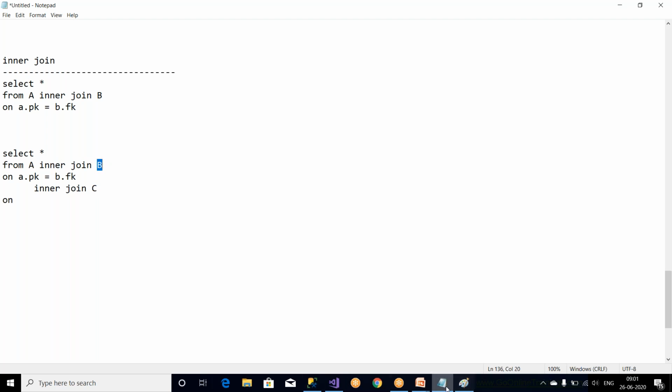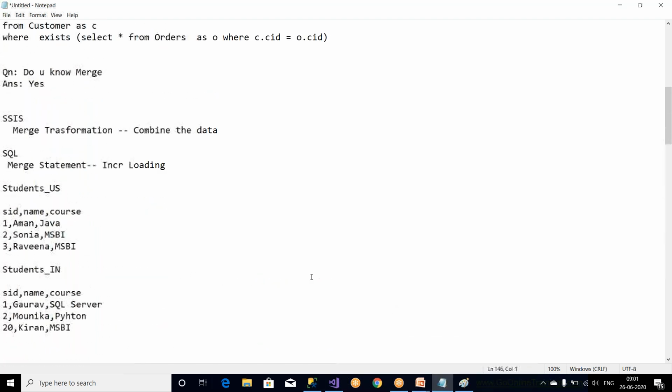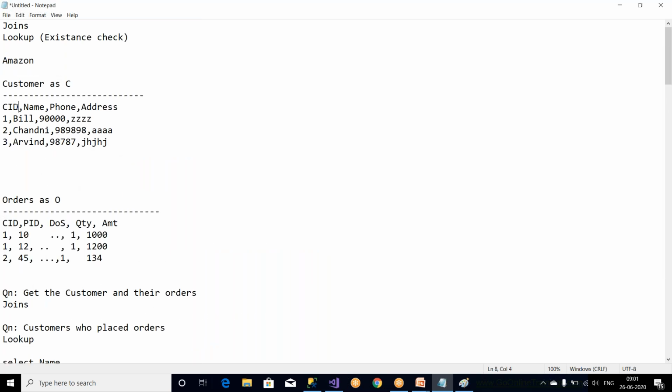Say I have a customer ID and an orders table. What is the common column? Table A dot primary key, table B dot foreign key. So I need to say C dot CID is equivalent to O dot CID. I have to have a common column like this, then only can we have the on condition.